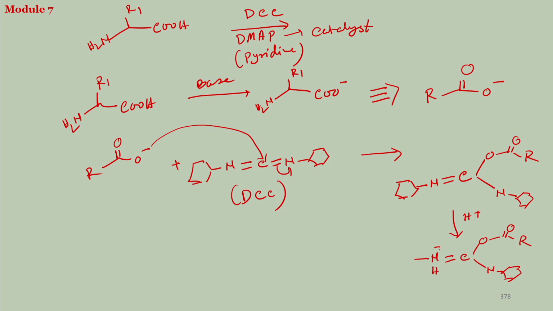So, this should be NH plus and you have this C, O, COR, and here there was N and the cyclohexane part, there is N, cyclohexane, and this N is protonated.